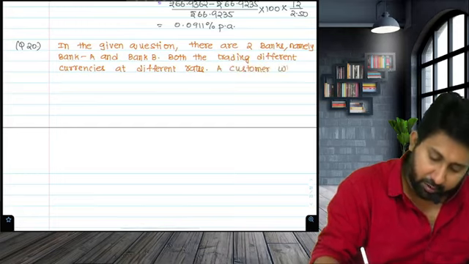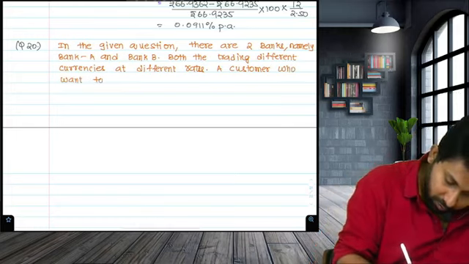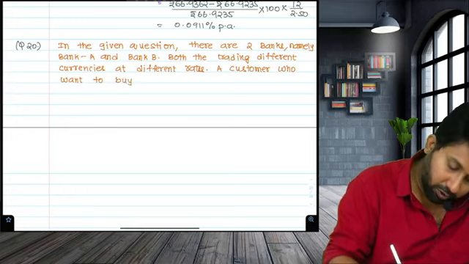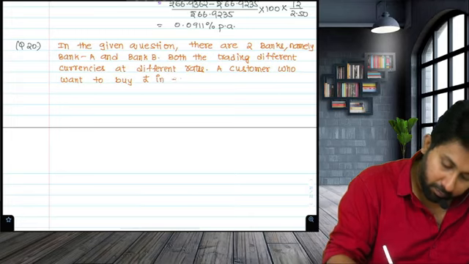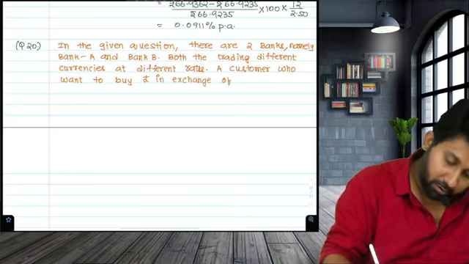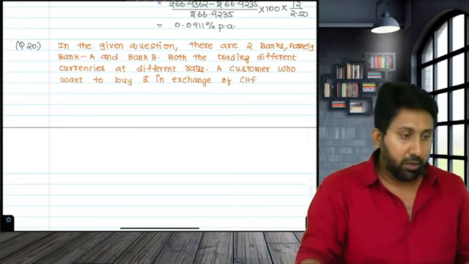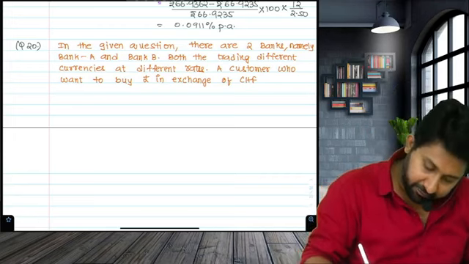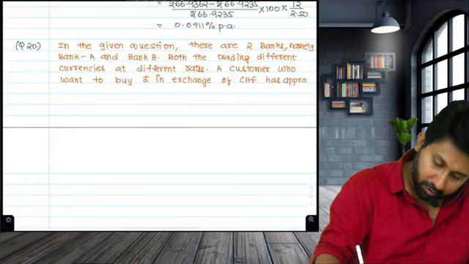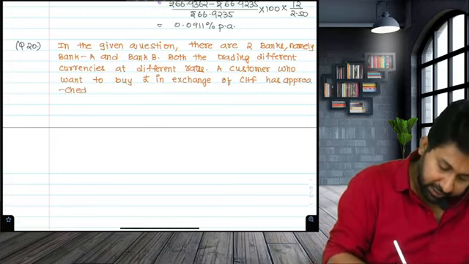A customer who wants to buy pounds in exchange for CHF has approached us.